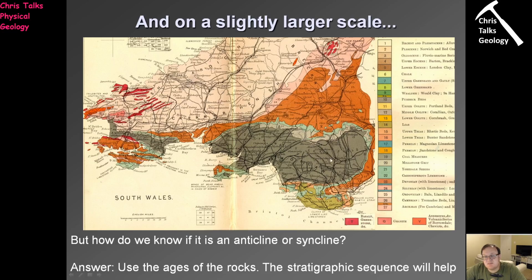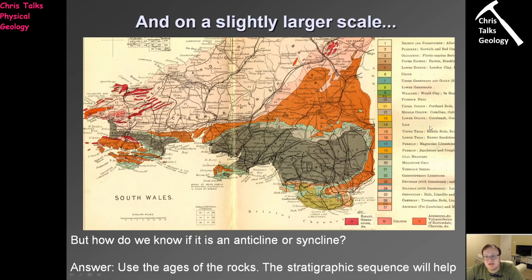And then we can see the same layers of rock repeated on the other side. So we have light grey, a very thin layer of it right there. We have this blue grey, there it is there. And we have the orange, there it is there. Because of course, if you remember all the way back to the Appalachian picture, the same layers of rock occur again and again when strata are folded.